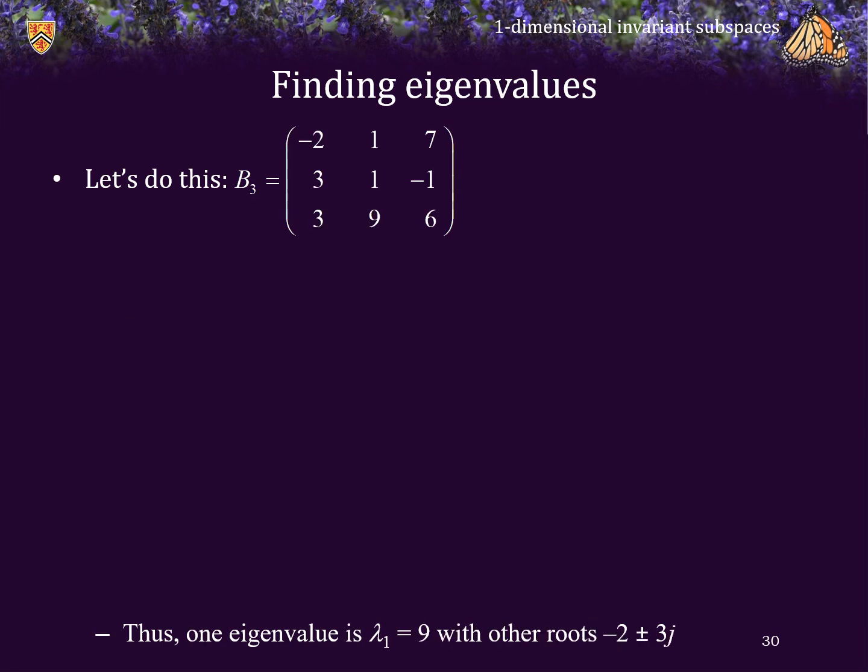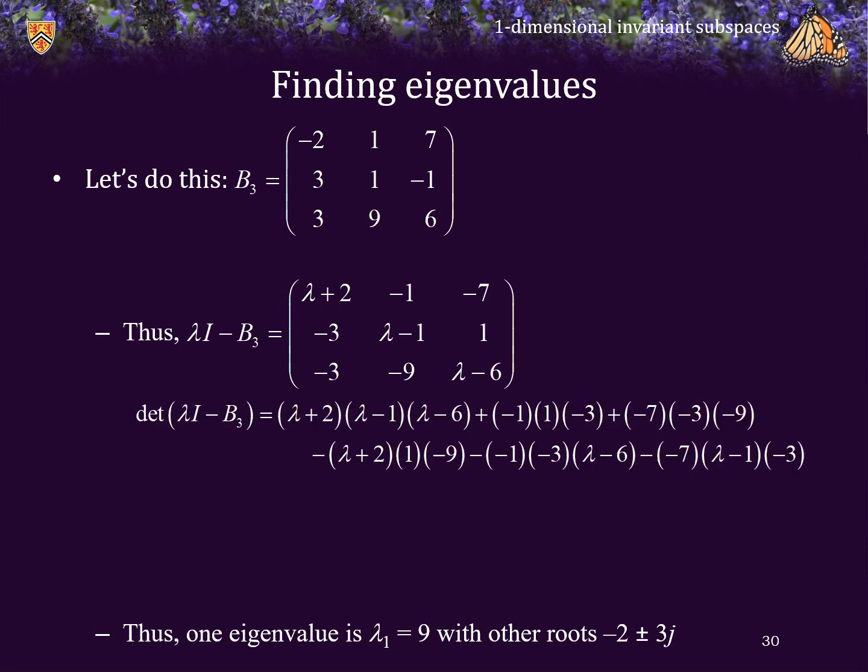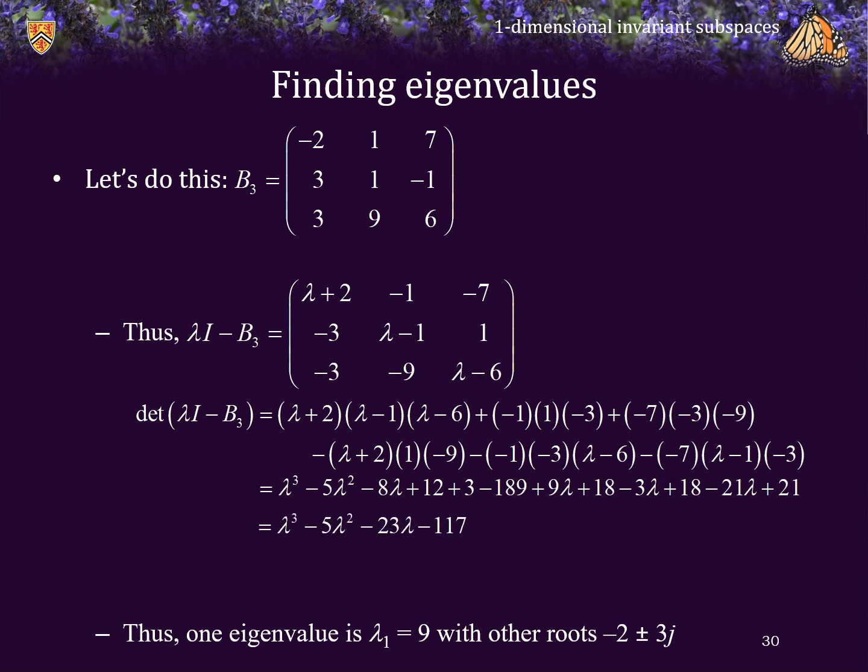Here's another example. Again, here's lambda times the identity minus this matrix. Taking the determinant of it gives us this expression here. We can expand it, collect, and now we notice that we can factor out a lambda minus 9. However, the discriminant of the remaining quadratic is negative, and consequently the other two roots of this characteristic polynomial are complex conjugate pairs.